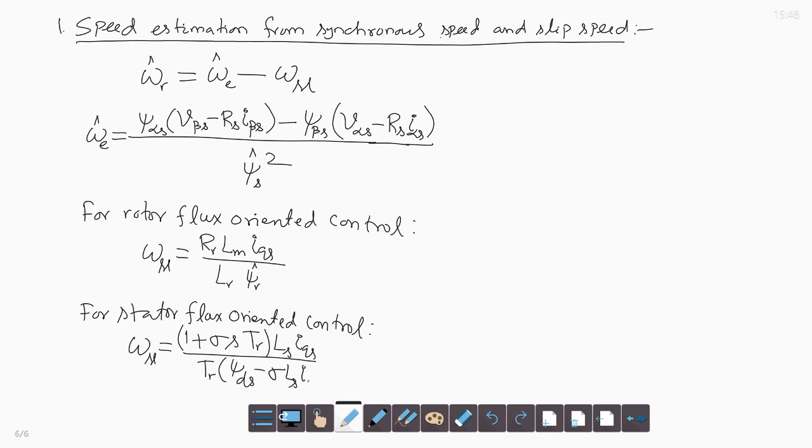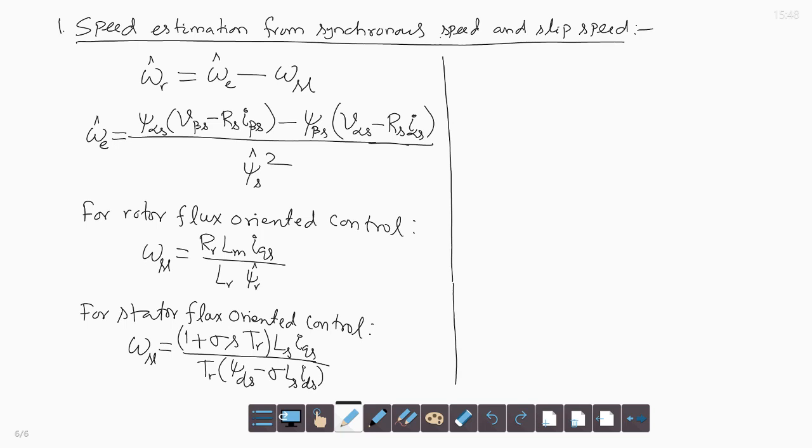This equation we have derived while discussing stator flux oriented control. So, slip speed is obtained using these expressions for omega SL, and using the estimated synchronous speed, rotor speed is estimated. So, what are the features of this estimation scheme?